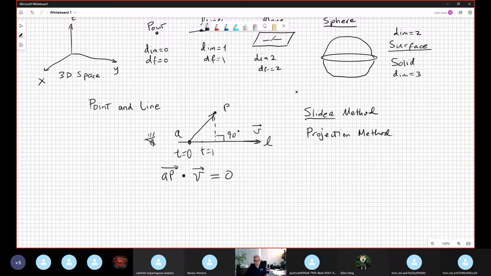And this is orthogonal. This is one possibility. Another possibility, which personally I like, is projection. I want to do both ways.